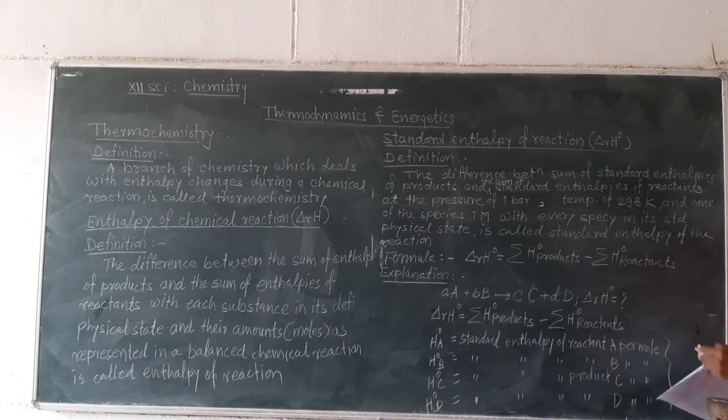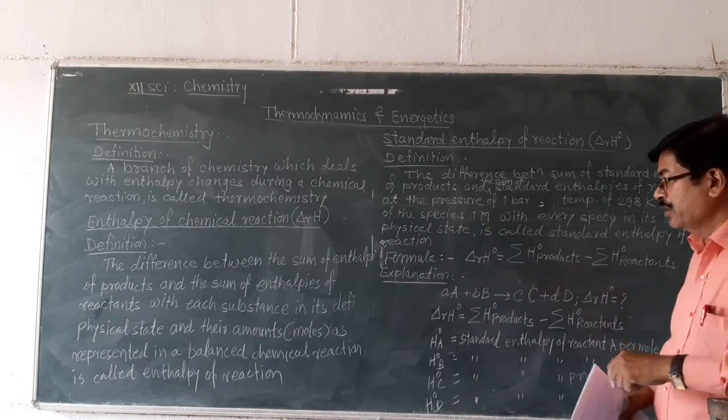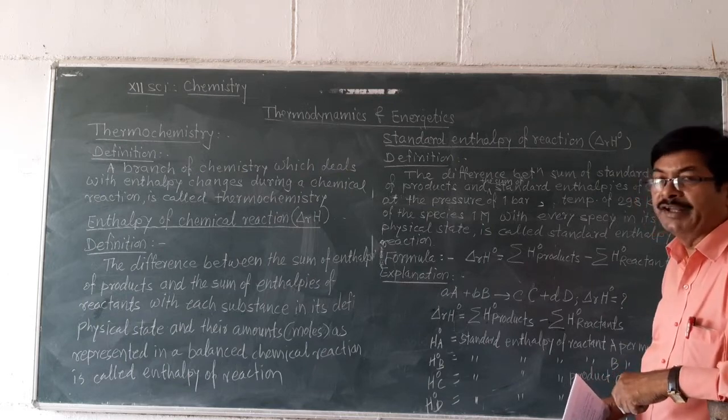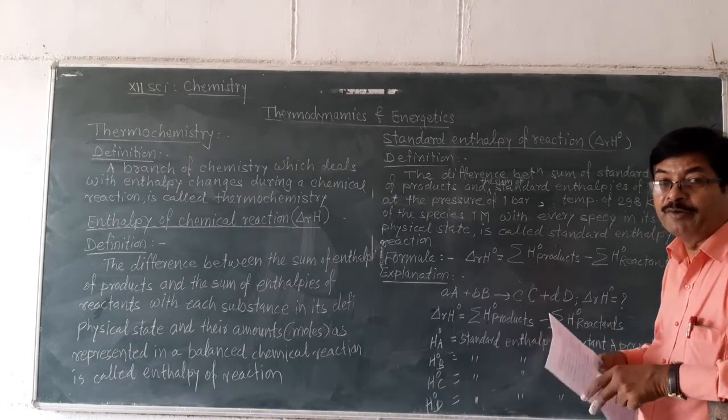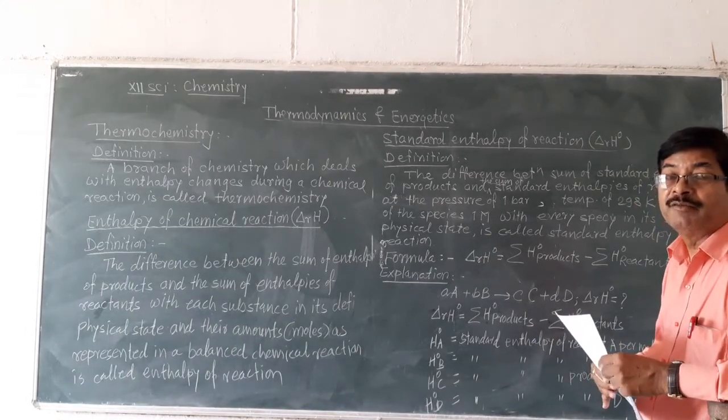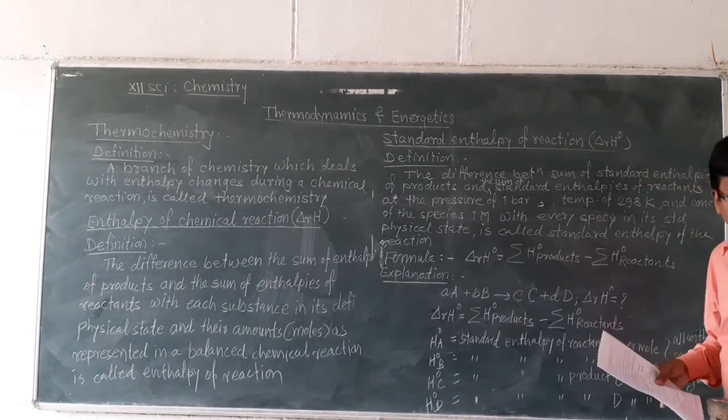Here all must be in the same units. H naught A, H naught B, H naught C and H naught D all must be in the same units, and values of these must be put along with signs in the formula.